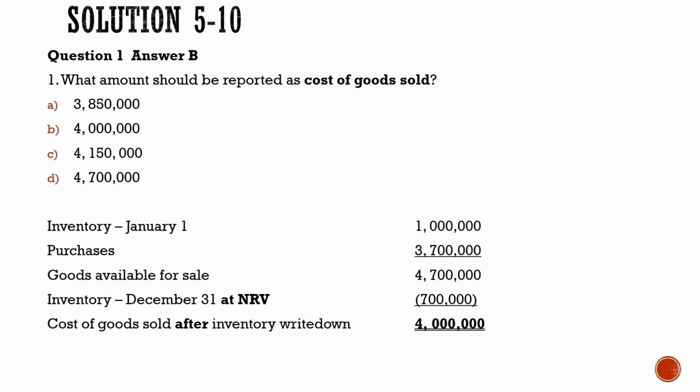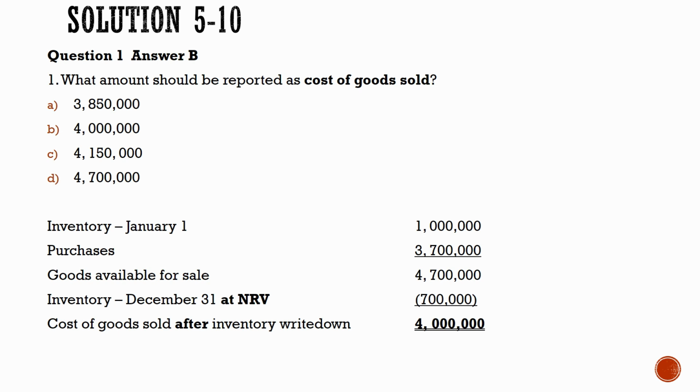From here, deduct natin ang inventory noong December 31 at net realizable value na 700,000. So, bakit yung 700,000 instead of 850,000 at cost? Kasi sabi nga sa IAS 2, the inventory should be measured at the lower of cost and net realizable value or NRV. Furthermore, when we say net realizable value, it is generally equal to the selling price of the inventory goods less the selling cost or completion and disposal.